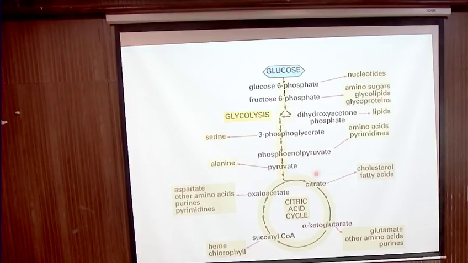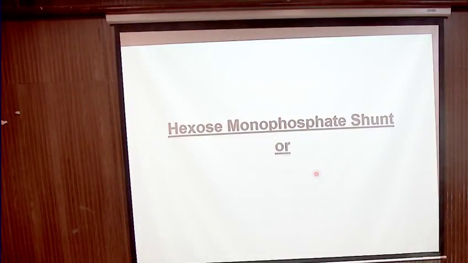The TCA cycle, on the other hand, from heme to fatty acids to steroids, cholesterol, a number of them are produced from the intermediates of the TCA cycle, and therefore this entire pathway is more or less a backbone of many of the metabolic pathways that we will be coming across from now on. So there is an interrelationship that is built up here as well, and that will continue in the other pathways that we'll be taking from now on.